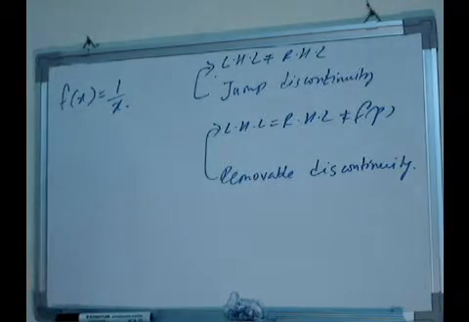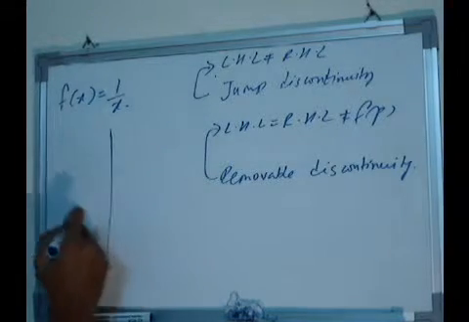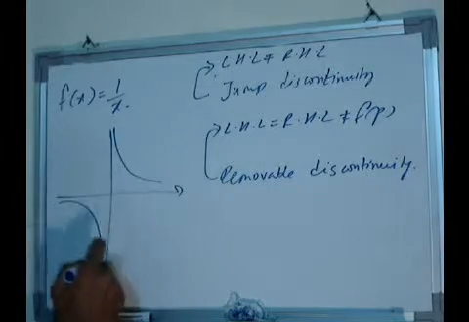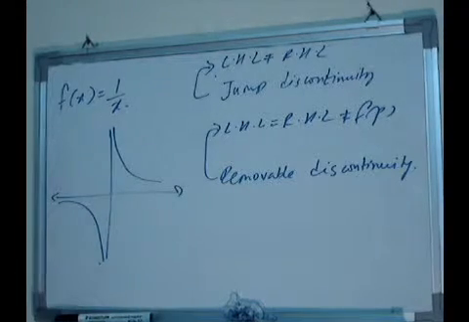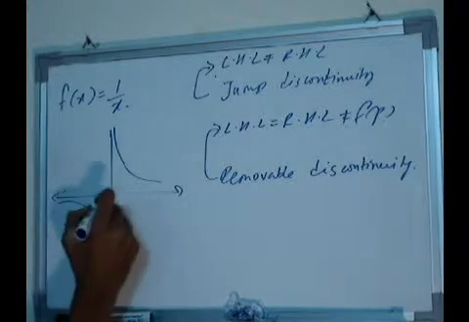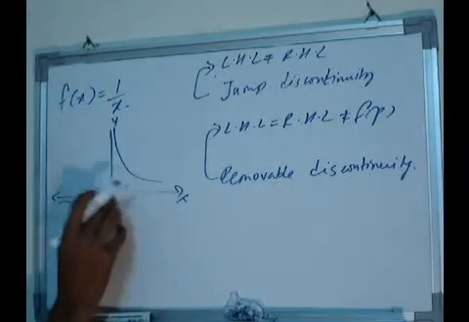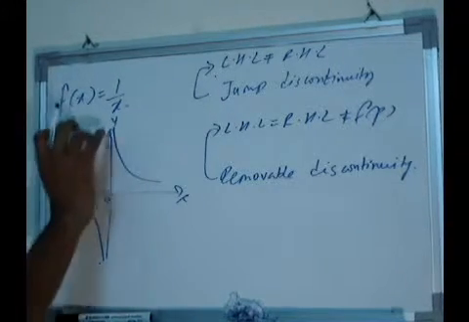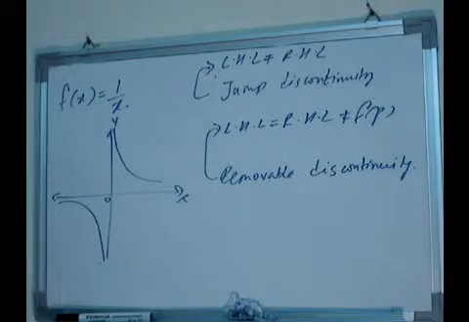If I draw the graph for this function, you can see that as x tends to move closer to 0, the value of y moves closer and moves away, and hence it is going towards infinity.